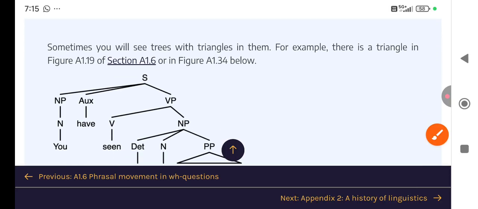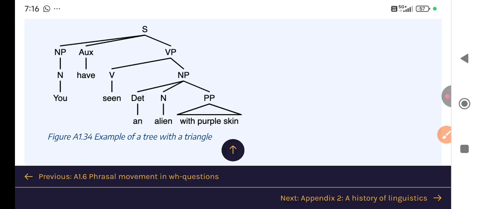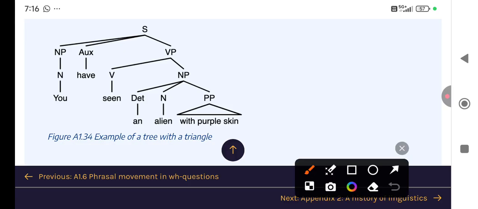Sometimes you will see trees with triangles in them. For example, there is a triangle in this figure. So let us see what this is. Example of a tree and triangle: you have seen an alien with purple skin.